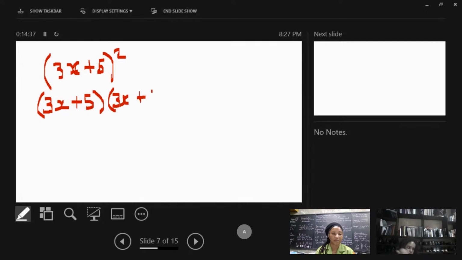Okay, so 3x times 3x is 9x squared. And 3x times 5 makes 15x. And 5 times 3x would be 15x again.